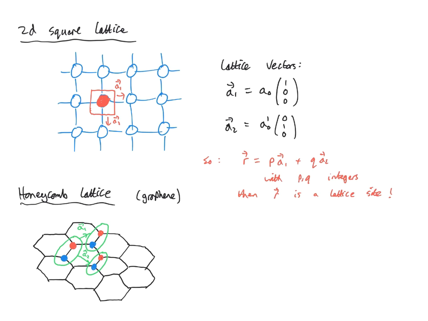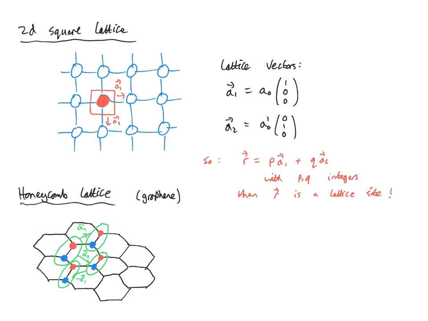For example, if I wanted to generate these sites down here, then I would take one step of A2, and then I would take minus one step of A1. And that would generate this for me. So I can do the usual rules of vector addition. All I have to do is combine vectors A1 and A2 in any integer multiples and any superpositions of those, and I'll generate the lattice.